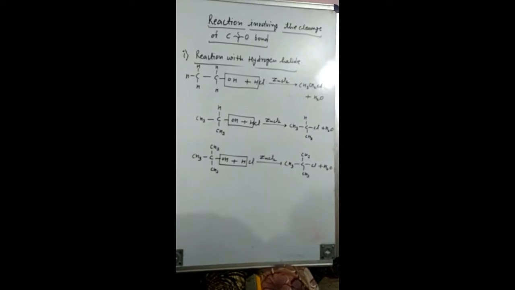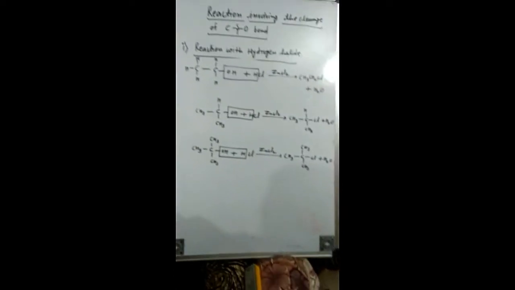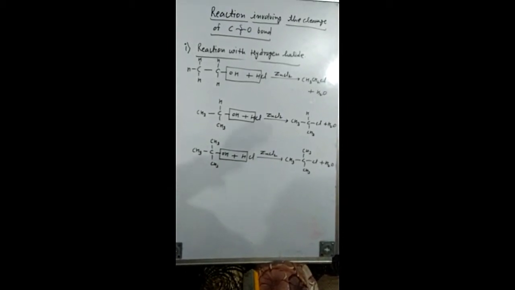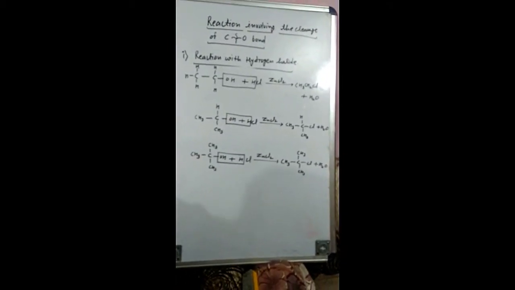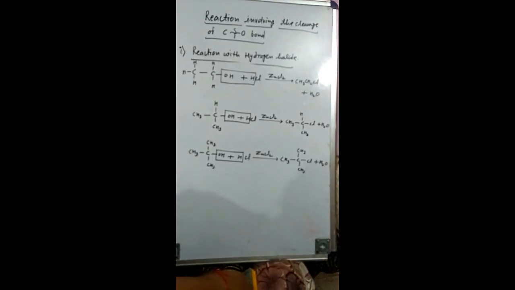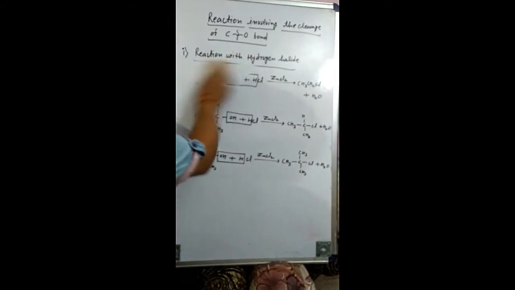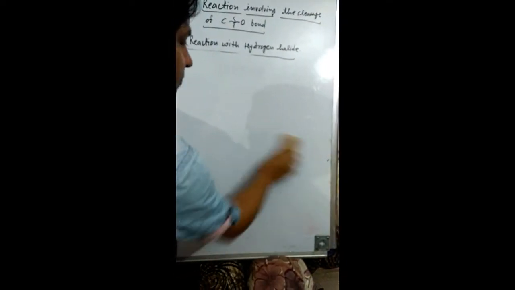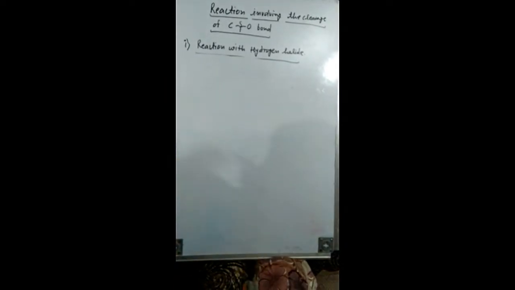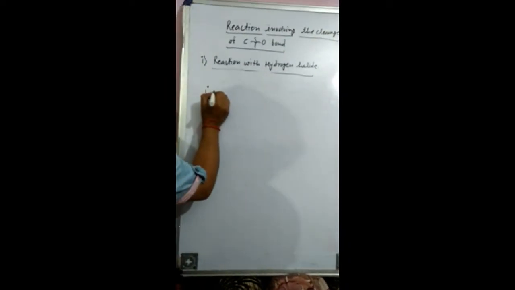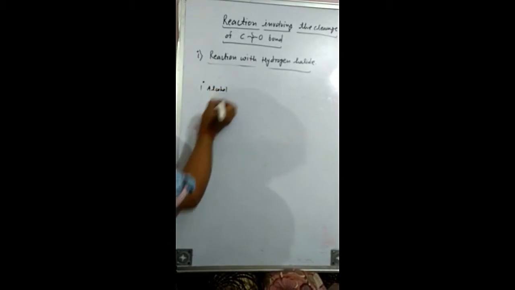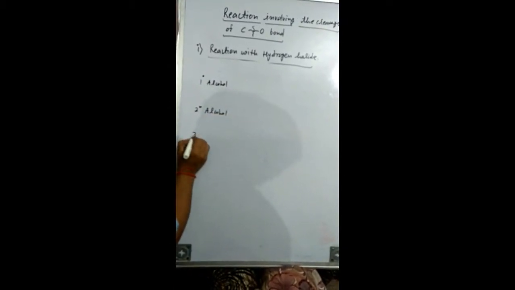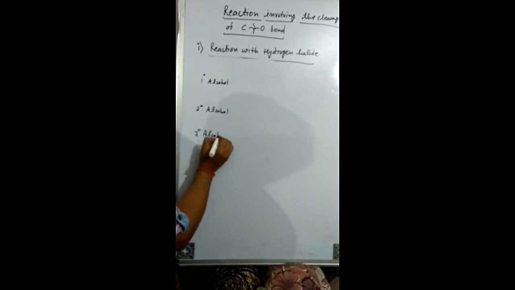For the Lucas reagent, now I will discuss how to identify practically which one is a primary alcohol, which one is a secondary alcohol and which one is a tertiary alcohol. That is also very simple. Suppose this is for primary alcohol, this is for secondary alcohol and this is for tertiary alcohol.